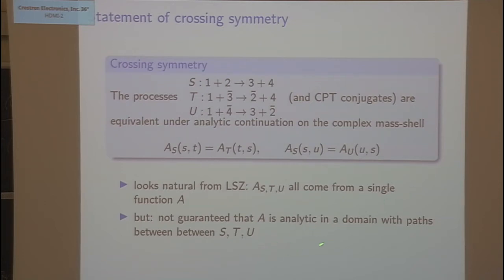Also you need to find an analytic continuation from one region to the other while staying on shell. You can find some generic off-shell analyticity, but here you need a bit more. So LSZ helps to think about these conditions, but it's really not sufficient.